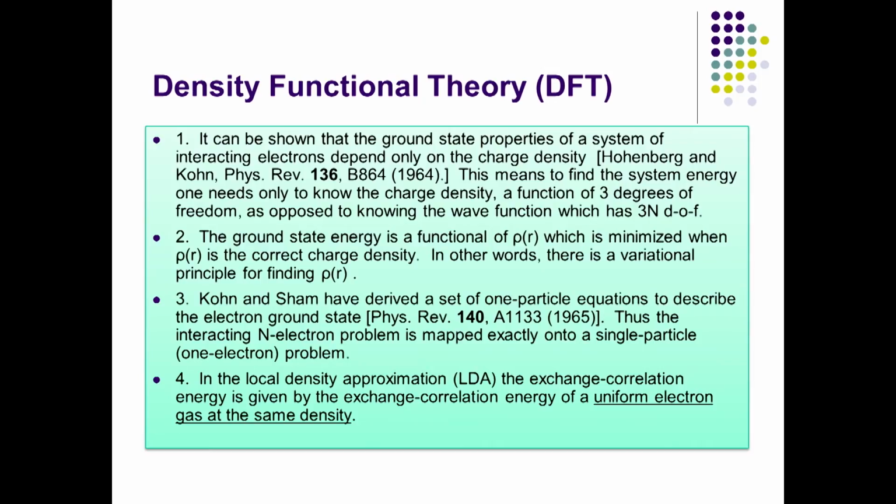Now, if you look at the second postulate, the ground state energy is a function of the density, which is rho(r), where r is the position, and it is minimized when rho(r) is the correct charge density. In other words, there is a variational principle for finding rho(r). So, you are finding different kinds of locations and moving the atoms so that you can come to the minimum energy configuration.